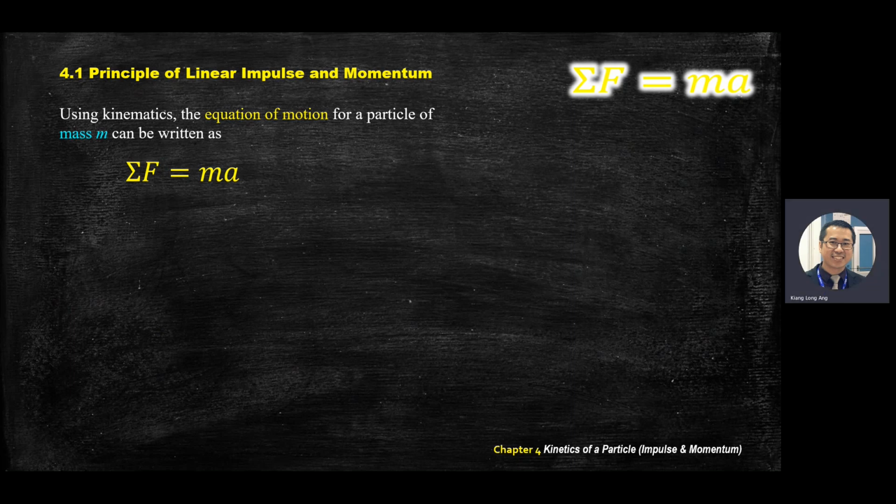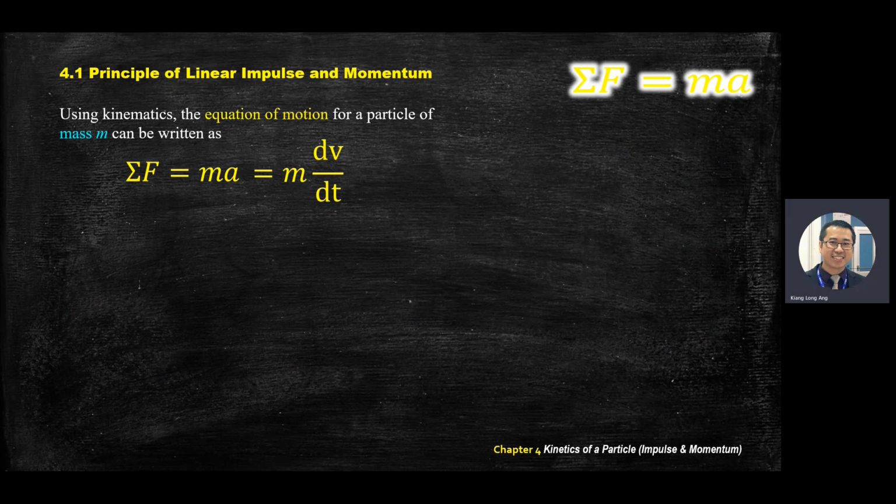So still, we look at F equal to ma because we deal with dynamics, the motion of particles. We recall the definition of acceleration, which is dv over dt. Agree?